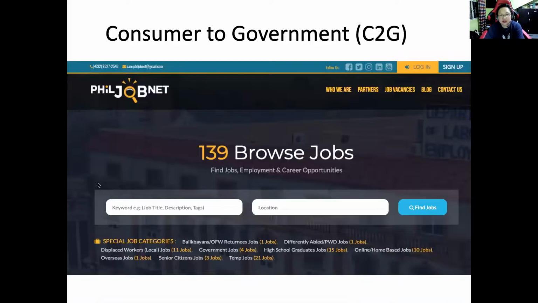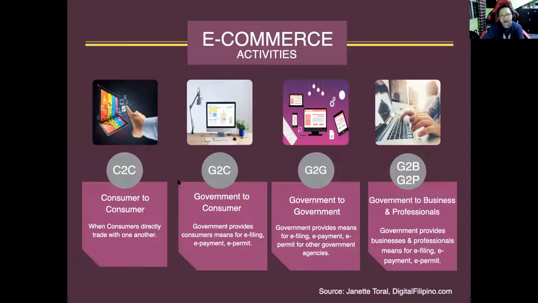Another example of consumer to government, also from the same context, would be the likes of PhilJobNet, where you can go online and offer your service to the government, exploring the job opportunities that the government has, and applying for those opportunities.